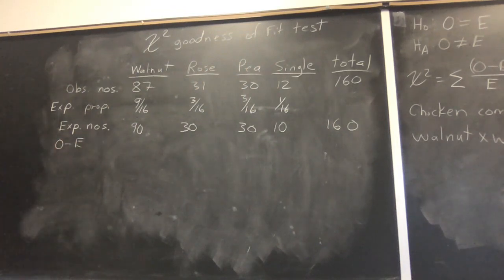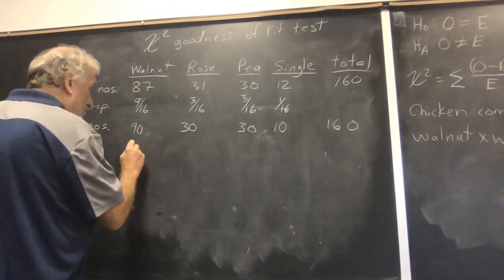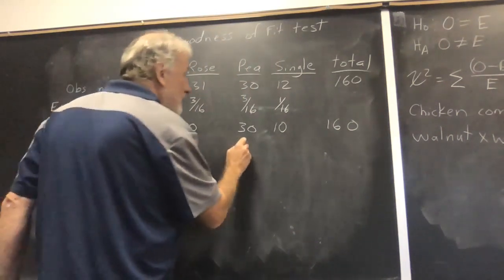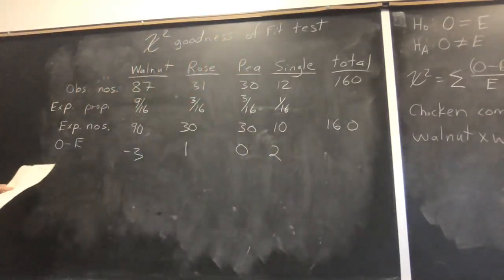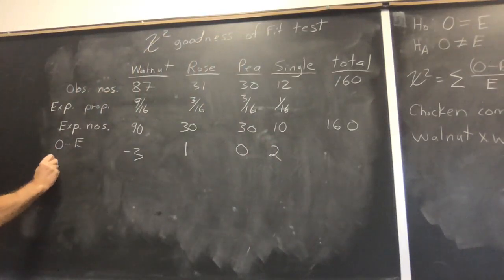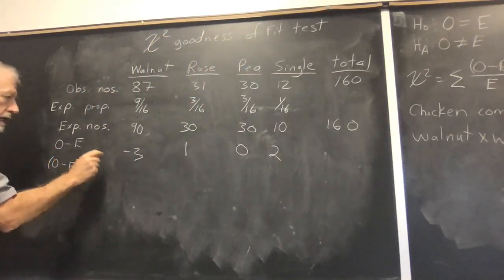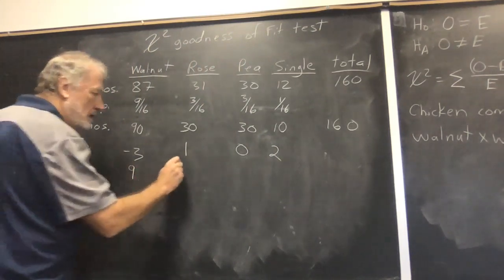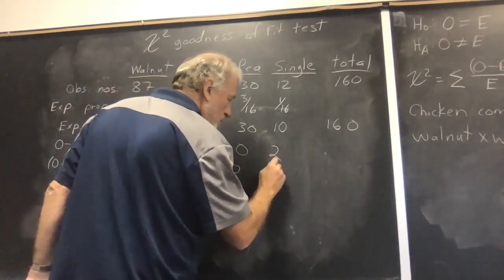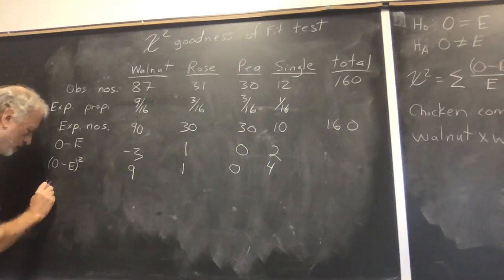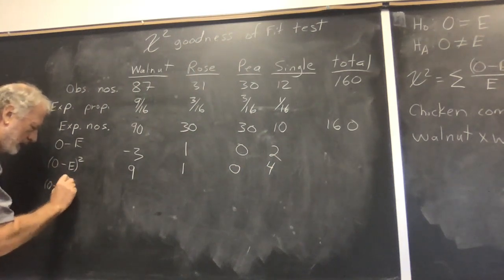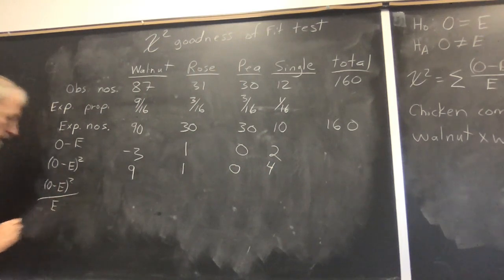So our next row, remember, is the observed minus the expected. So that's -3, 1, 0, and 2. Then we take those numbers and square them: 9, 1, 0, 4. The next step is to divide them by the expected numbers, so observed minus expected squared, divided by expected.